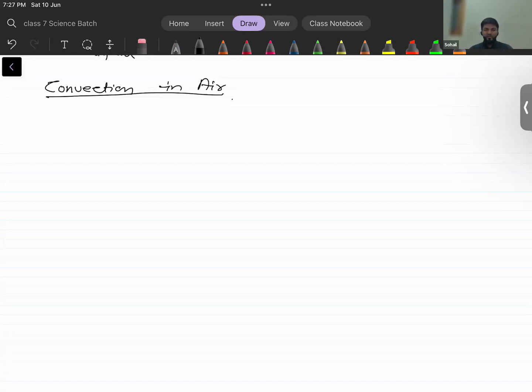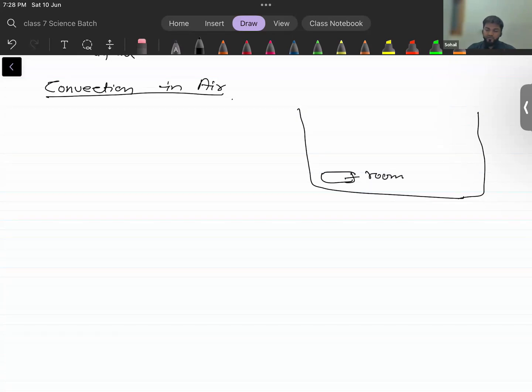In order to heat air in a room during winter, we keep the heater on the floor. Will you keep the heater at an elevated height? No, because hotter particles rise above and generate a convection current. That's why room heaters are kept at the bottom, on the floor of the room.